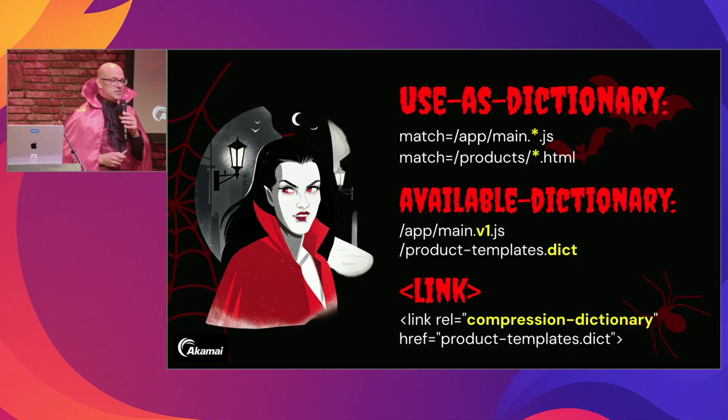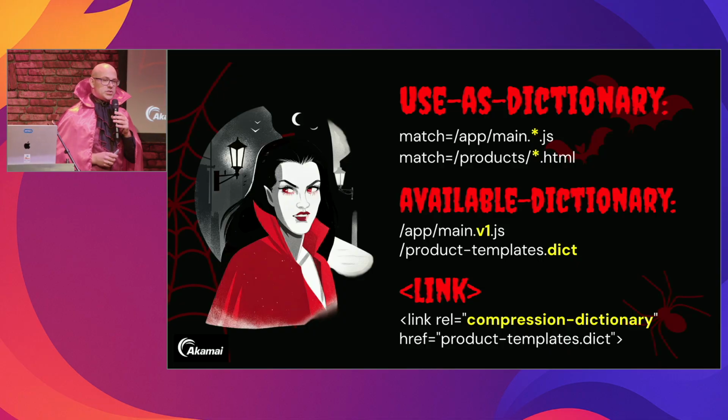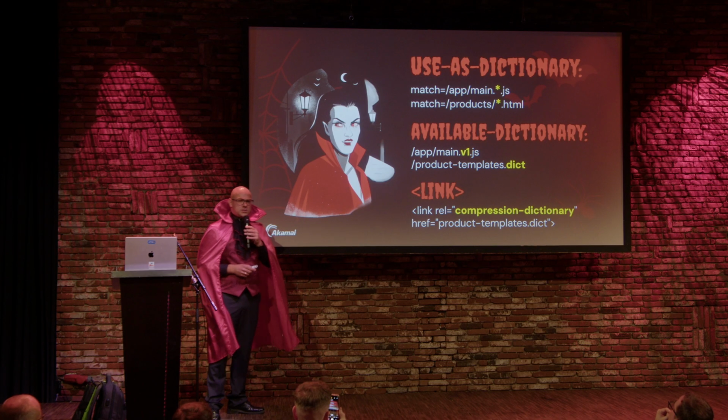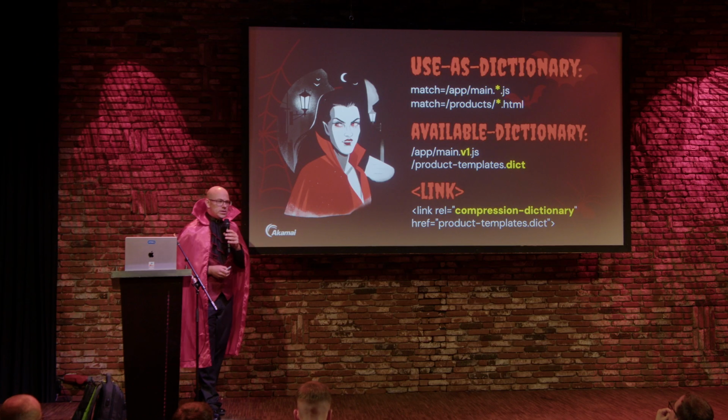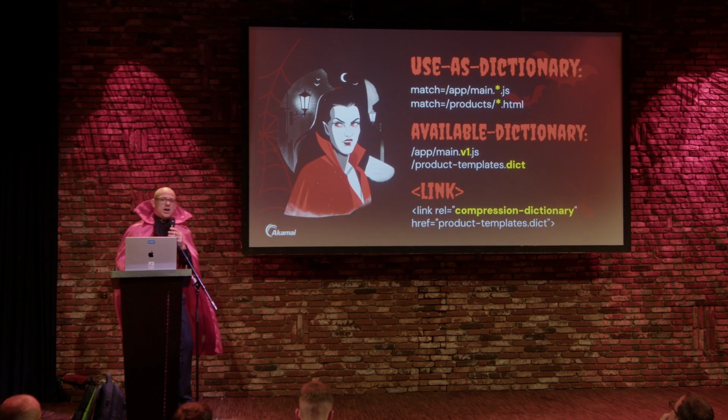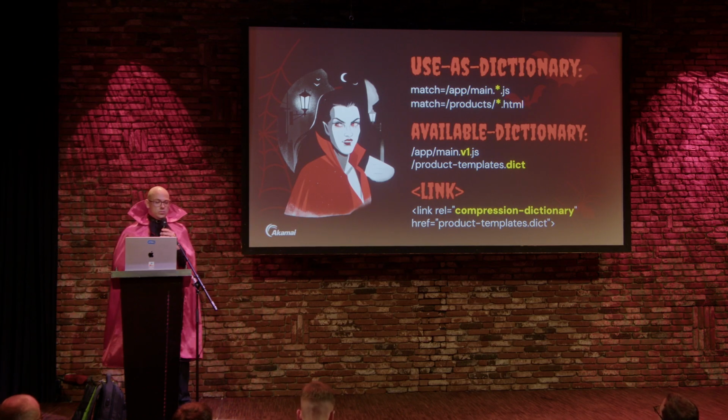The way this works technically is with a few headers. The server can send back a Use-As-Dictionary HTTP response header if the browser is fetching something that can be used as a dictionary, and it's going to use match targets, basically wildcard URLs, to indicate for which paths this can be used to compress.